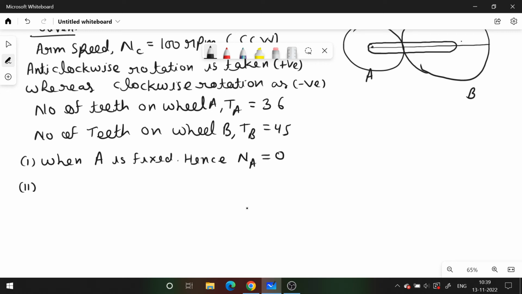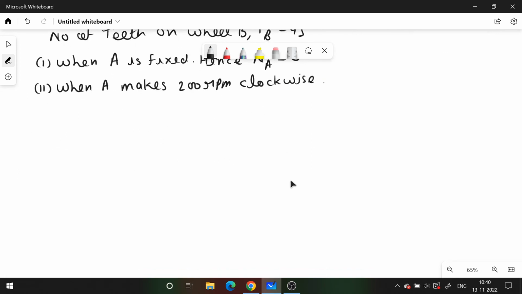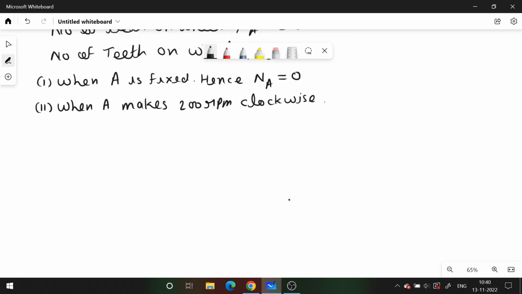Second case: when wheel A makes 200 rpm in clockwise direction. Now the speed of wheel A.